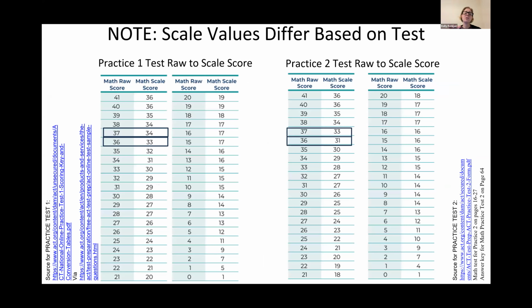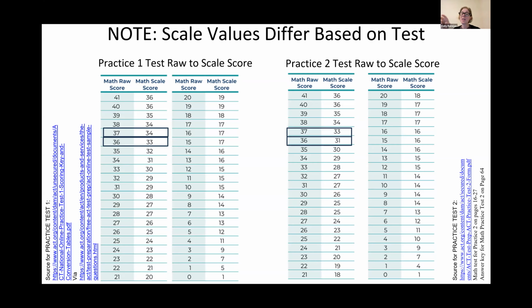And the last thing I want to talk about is it's interesting to note that if a student takes one test and another student takes a different test, their raw scores and their scale scores could be different. On practice test 1, the math raw score was a 37 and the scale score, or the ACT score, was 34.